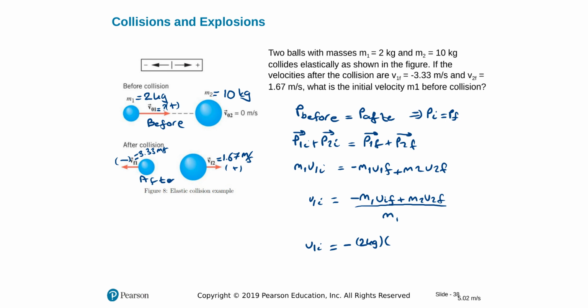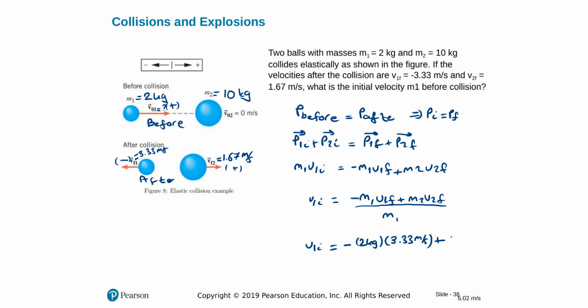It should be V1 final. V1 final is 3.33 meters per second. Notice this negativity is coming from the negative velocity we have here. If velocity is negative, momentum is negative. So we put the negative sign over here.